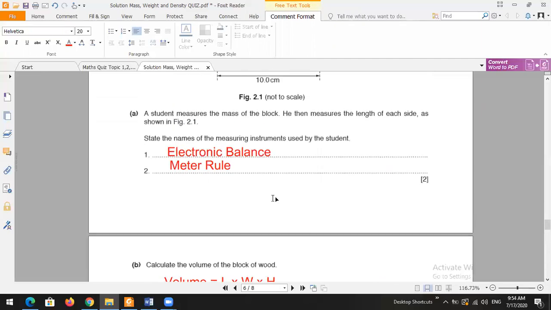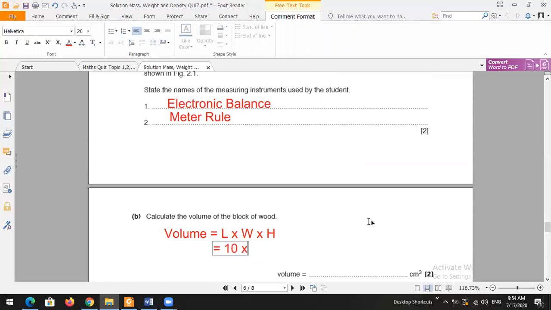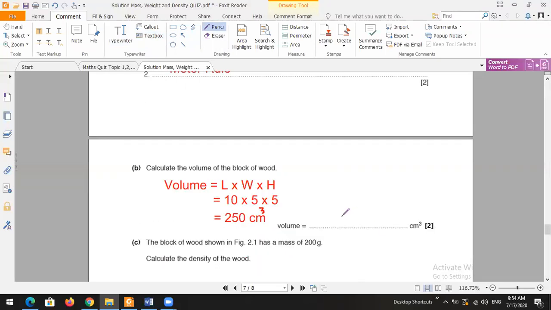What is length here? 10, width is 5, and height is 5 as well. 10 multiplied by 5 multiplied by 5 gives you, sorry, 250 centimeter cube. So the answer will be 250.